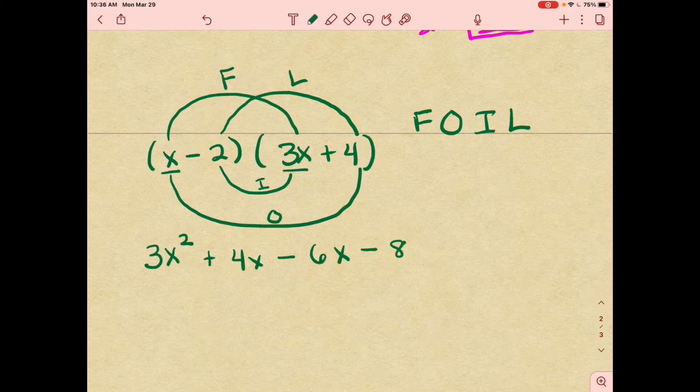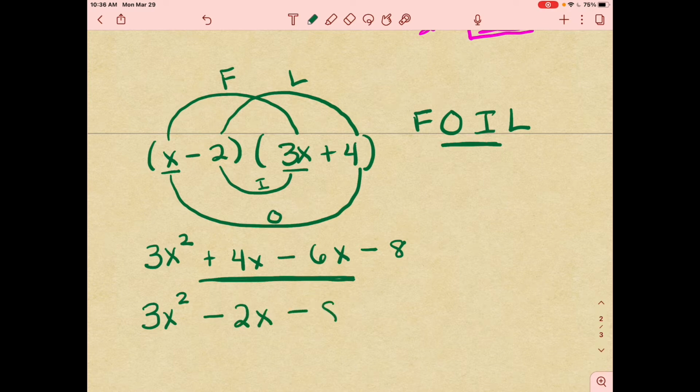Okay, we're going to give it a check to see what can be combined, and notice that very often in the middle, the outer and the inner terms will do something special. So 3x squared doesn't have any friends, but 4x and negative 6x can combine to make negative 2x, and then negative 8 doesn't have any friends either.